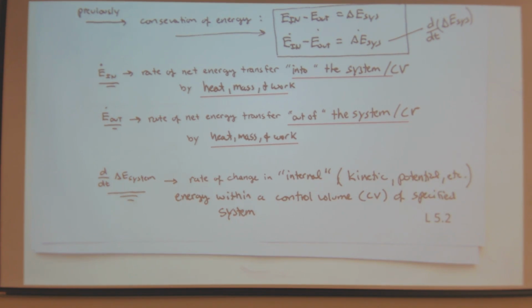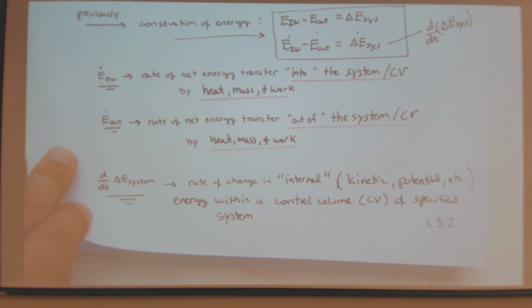So my specified system could be the inlet of a pump. It could be the pump in general. So it's the rate of change of internal energy within a control volume.